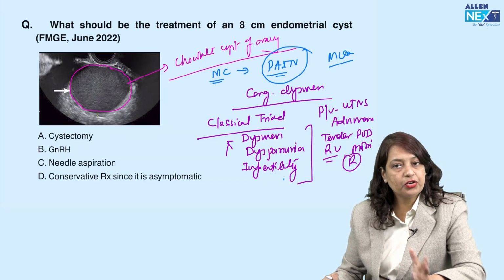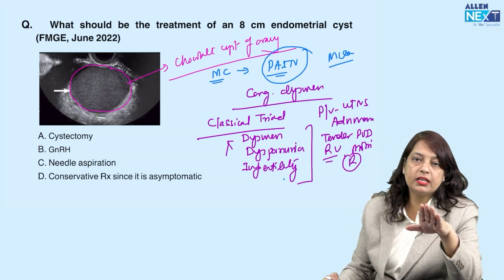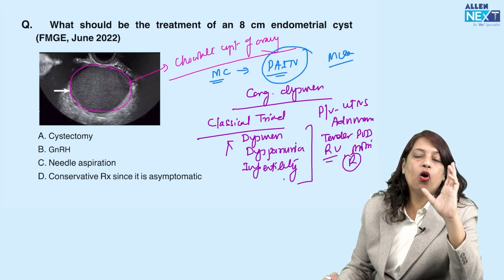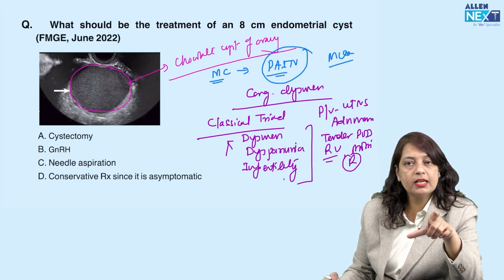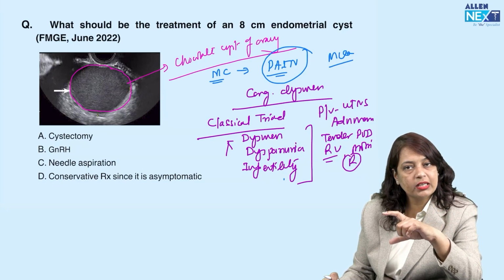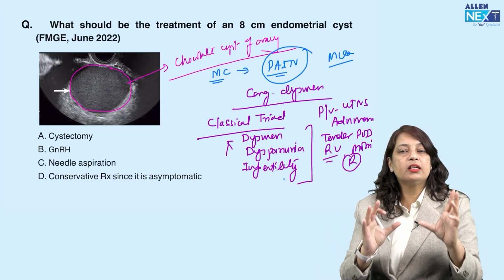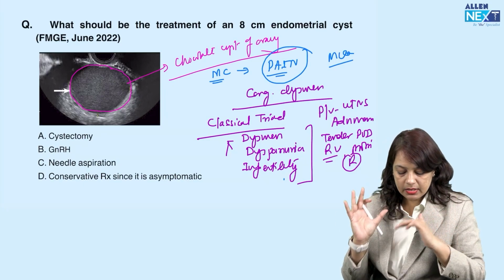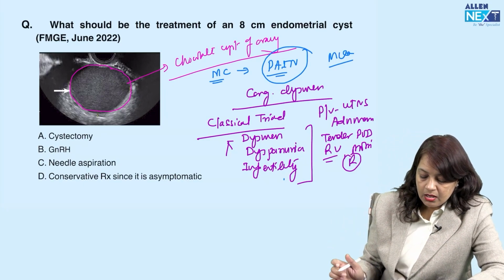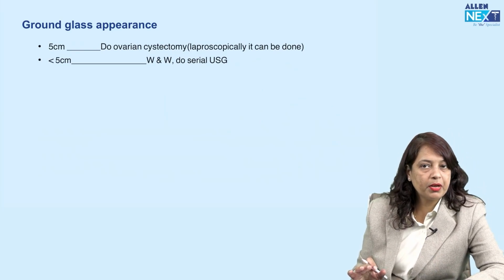Otherwise, the classical triad is dysmenorrhea, dyspareunia, and infertility, and usually it is a disease of the reproductive age group. On per vaginum examination, uterus is retroverted, normal size, with restricted mobility. There can be tenderness in the pouch of Douglas, or there can be bilateral adnexal masses, which are endometriotic cysts.